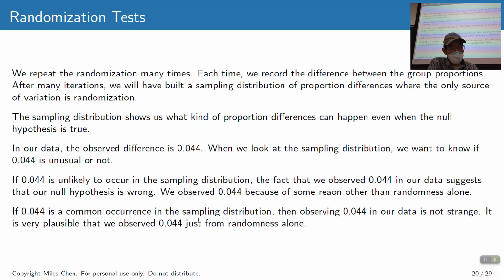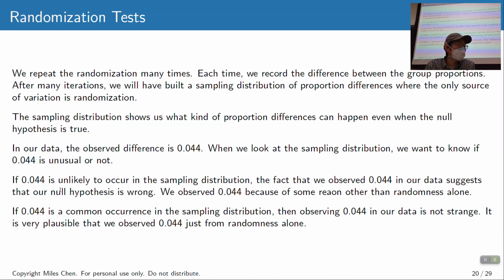Okay, and we want to know, is the difference that we got in the actual observed data, a difference of 0.044, unusual or not? So maybe we do this a whole bunch of times, and if it turns out that it's very unlikely to get a difference of 0.044 from randomization, then the fact that we got 0.044 would suggest that our null hypothesis is wrong, and that the reason why we got 0.044 is something other than randomization.